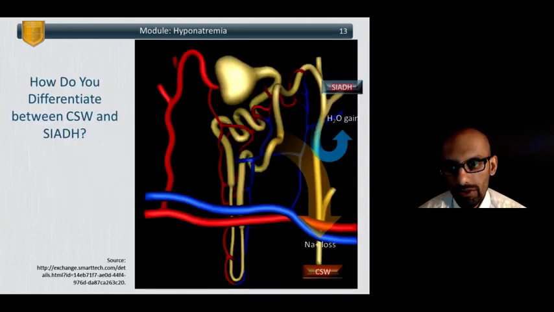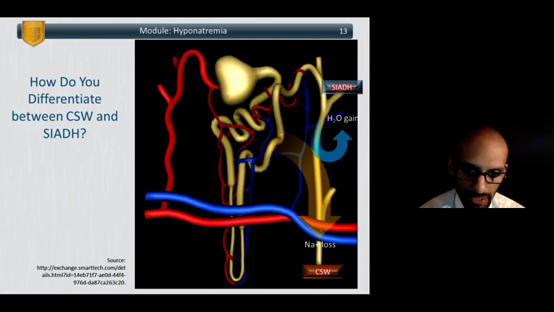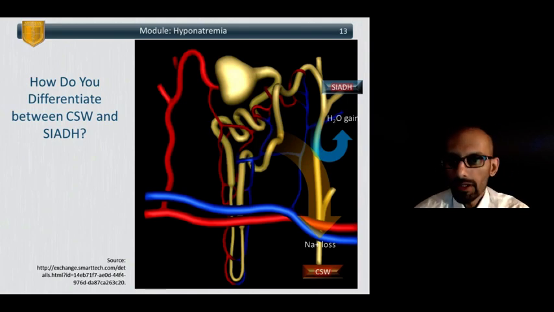So moving on to cerebral salt wasting versus SIADH, and then eventually DI as well. Both cerebral salt wasting and SIADH present with hyponatremia, but through completely different mechanisms. Cerebral salt wasting, due to the release of brain natriuretic peptide from brain injury, what have you, results in a primary loss of sodium, and water follows.